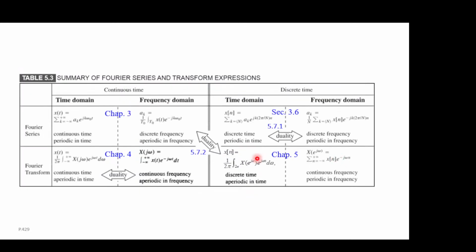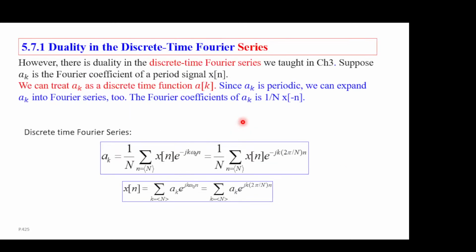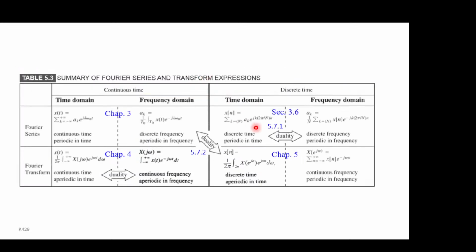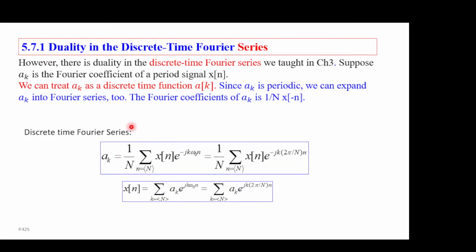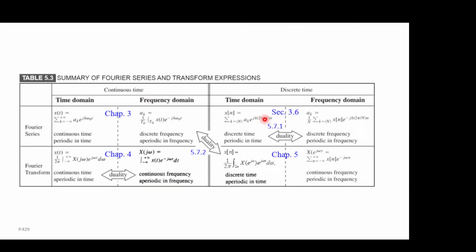So, as we say, we have those a_k that are Fourier series coefficients, and what we saw before, a_k are those coefficients before this exponential. But anyway, we write it a sub k because it's a function of k.